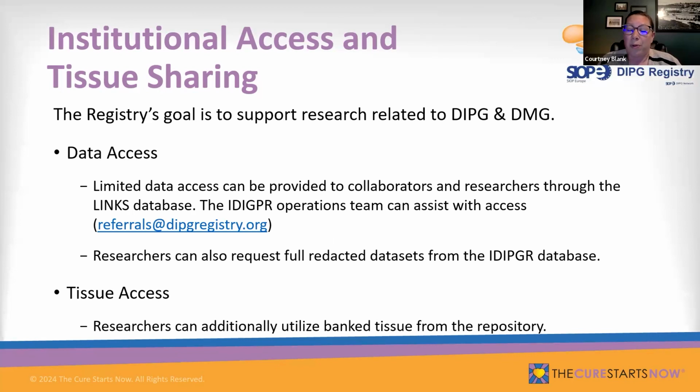We run through it with our statisticians so that we can ensure that appropriate questions are being answered through the research. Researchers can also request tissue from the repository to do additional testing on research projects, and we have an upcoming project for that as well, where we're looking at tissue for DMG patients.